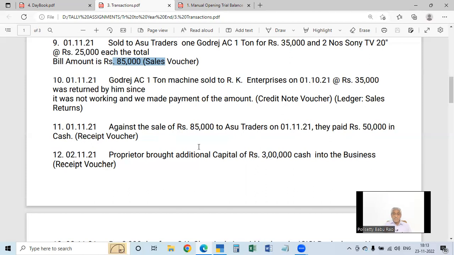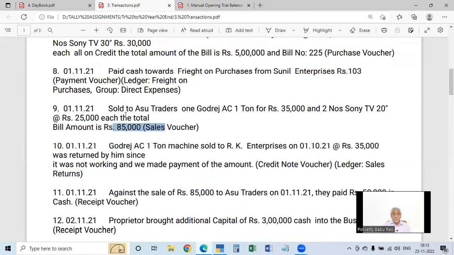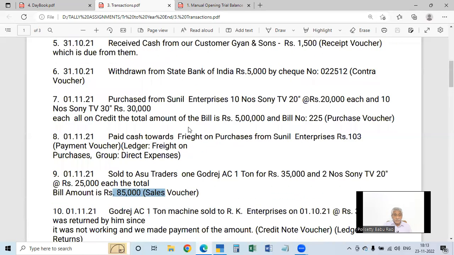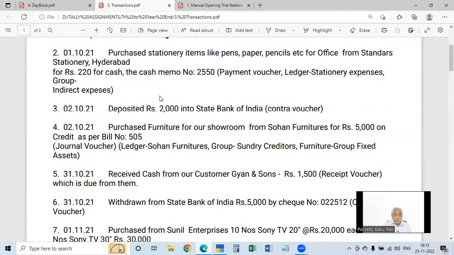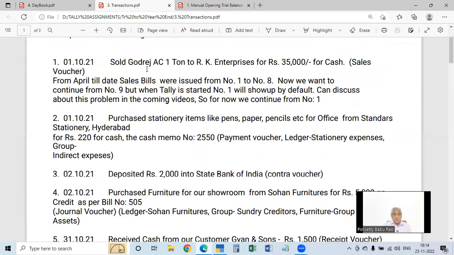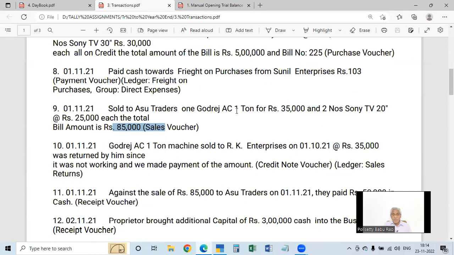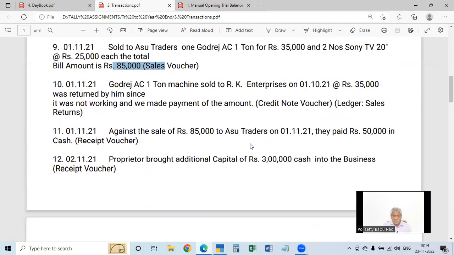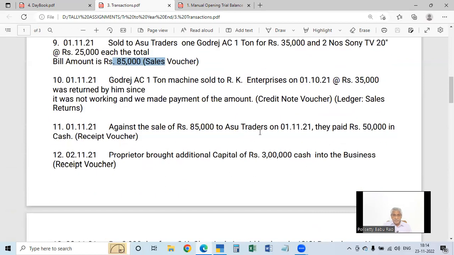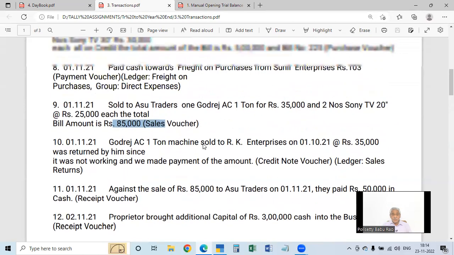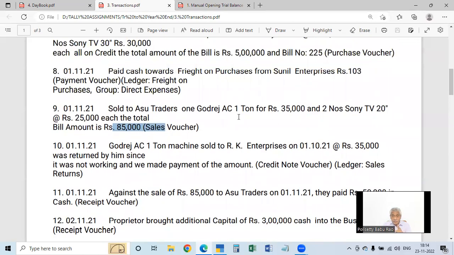If we select against reference, it will see that we sold to RK Enterprises as number 1 and Ashu Traders as number 2. When you are entering the payment against reference, it will show the details.